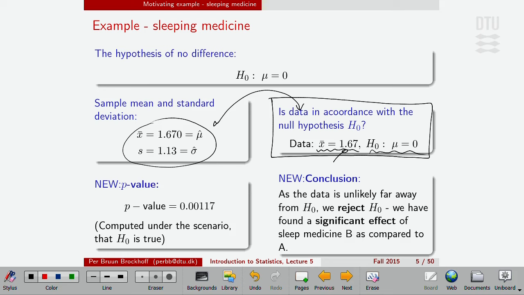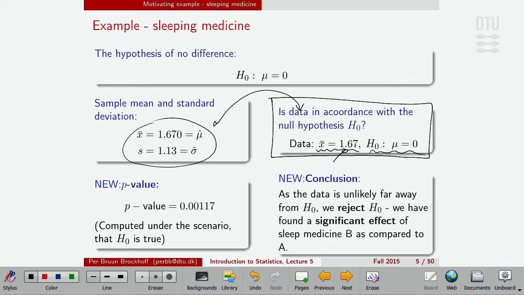Is that likely or unlikely? Is the data far away from my null? That's what we are trying to find out. If it's close to my null, then probably I cannot prove anything interesting. If the data is far away from my null, whoa, yes, I have proved that B is better than A.